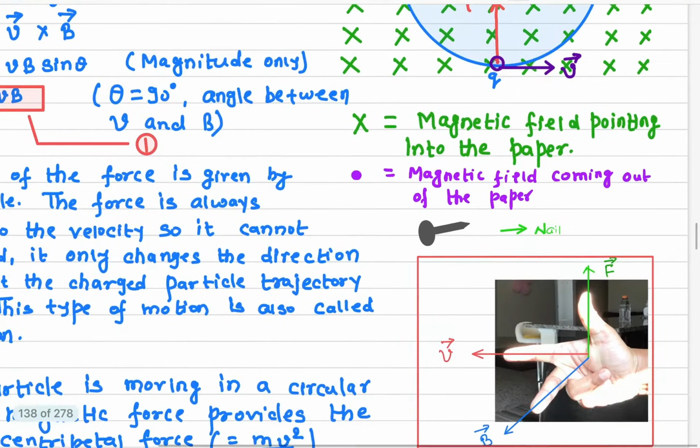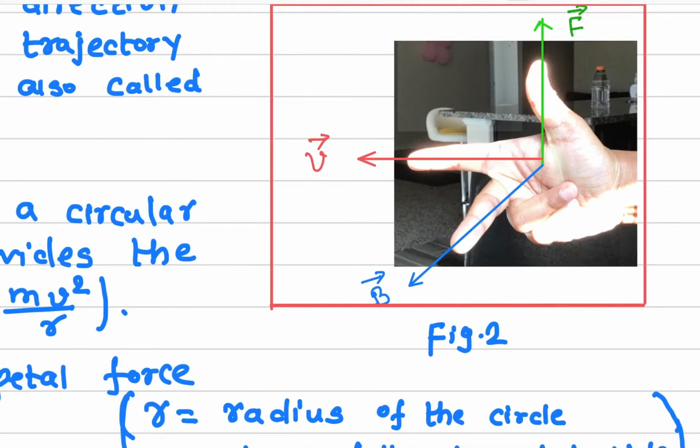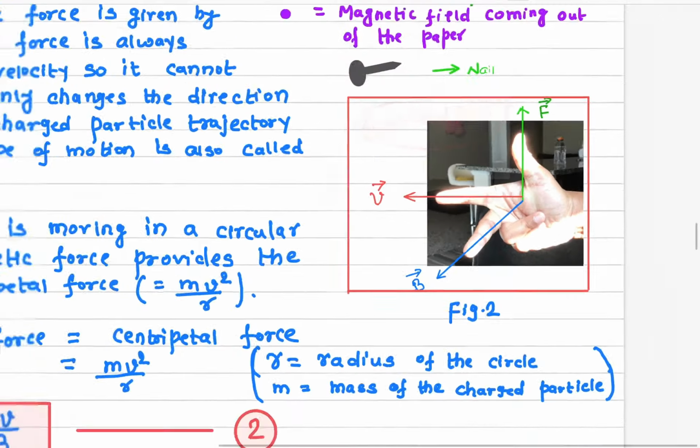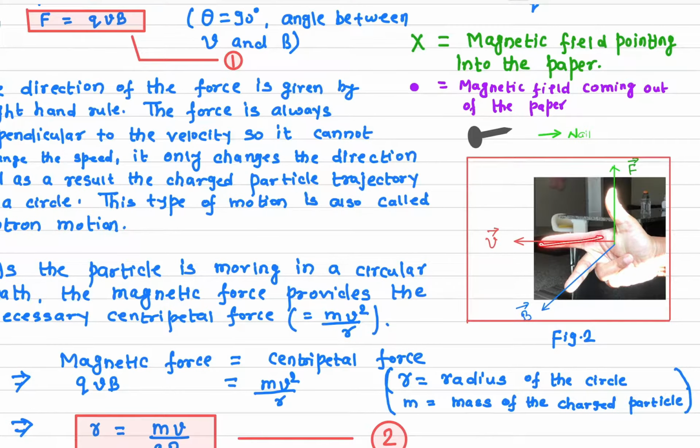We can find out the direction again using the right hand rule. First thing you have to do, you have to have your index finger lie along the velocity direction, and your middle finger in the direction of the magnetic field. Then your thumb points out the direction of the force, and all these fingers are mutually perpendicular.